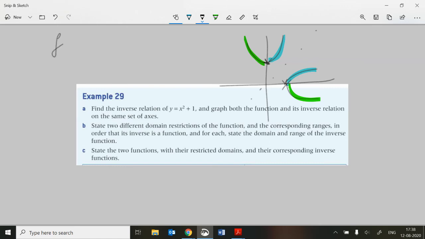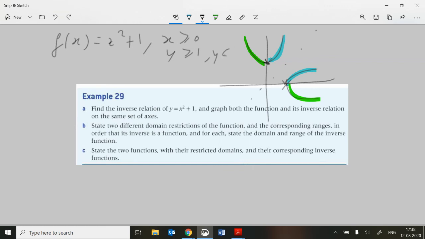So if we originally say f of x is equal to x squared plus 1, then that's true only for the blue graph when x is greater than or equal to 0. And the range for that one is y greater than or equal to 1. By the way, you can make this more complete by saying y belongs to the real numbers.